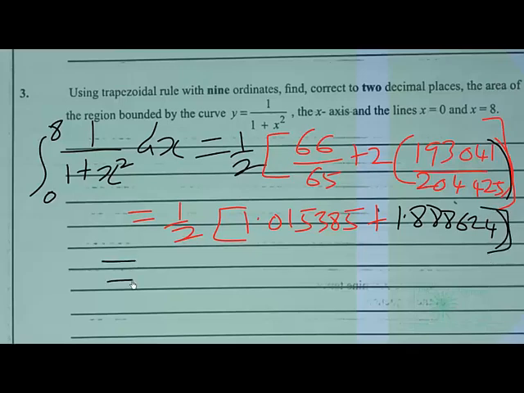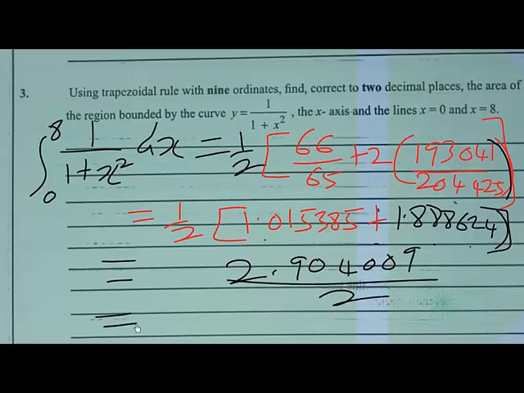So we have to simplify further. When we add whatever is here, we are obtaining 2.904009. So 2.904009 all over 2. So this simplifies to 1.452004.